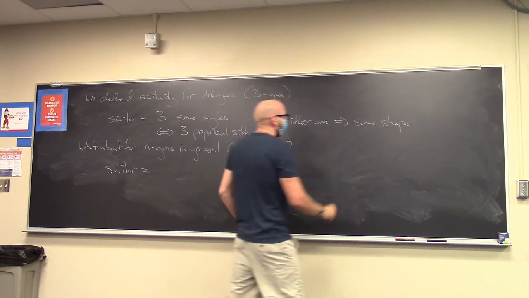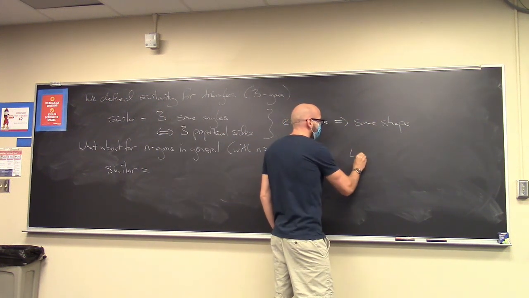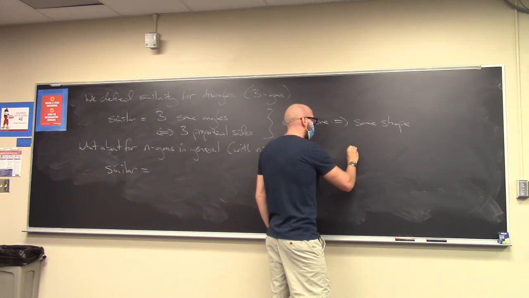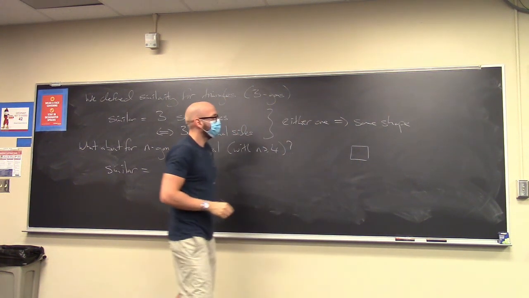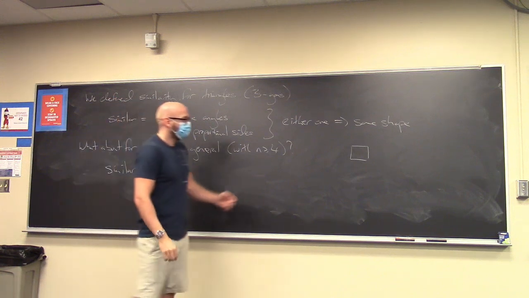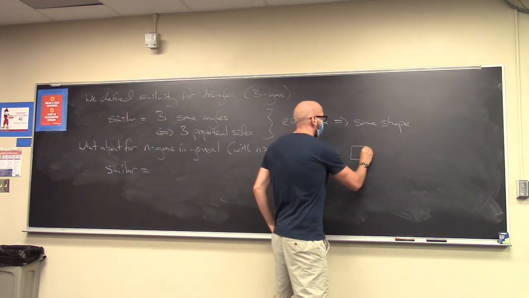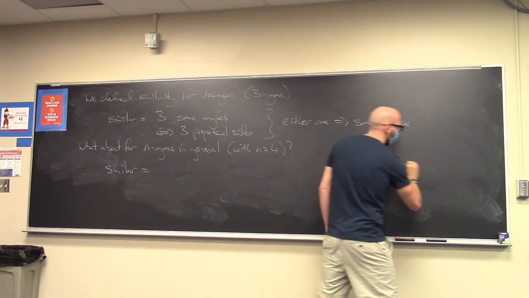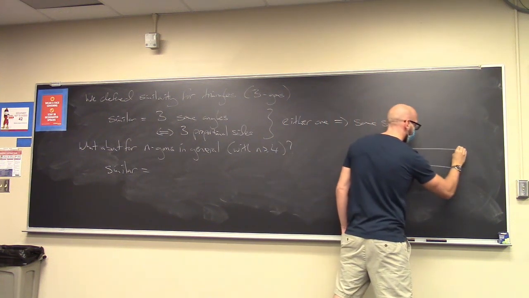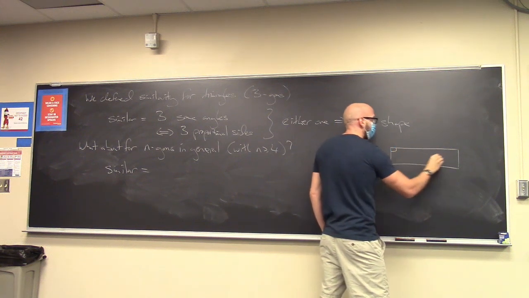We've already seen that for, say, here's a very simple example. Take any of the two rectangles with different aspect ratios. So here's a nice square, all 4 right angles. And here's a rectangle with a much higher aspect ratio, all 4 right angles.